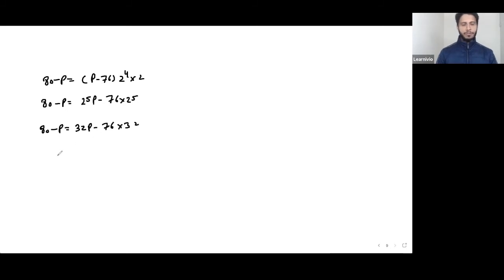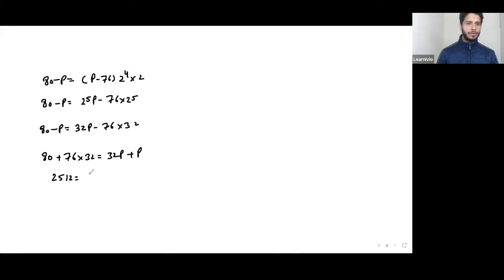I'm taking P value terms on the right hand side. So 80 plus 76 into 32 is 32P plus P. So 76 into 32, how much is it? That's 2432, plus 80, so that's 2512.